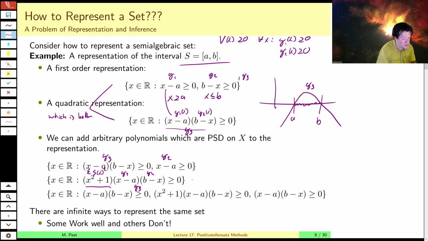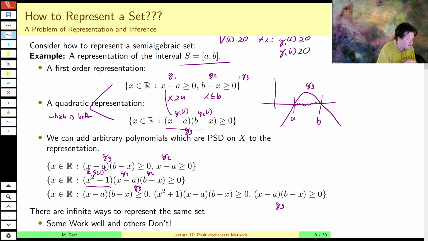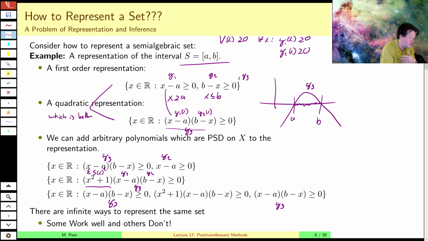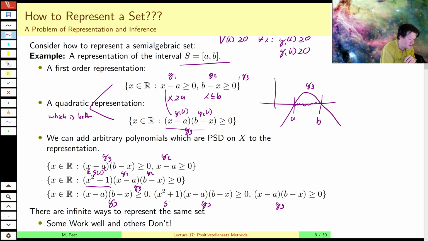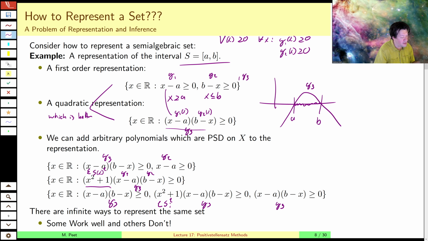Now, we could go further. We could combine all three. We could take g3 there. Sure, we can have g3 twice. Why not? We could have g3 times x, or sum of s_i squareds. Again, you can see these are all valid representations of the set.